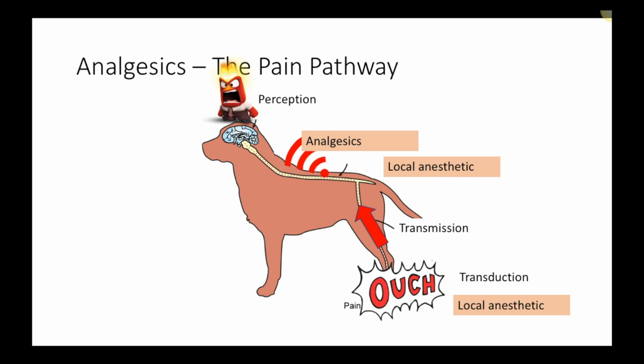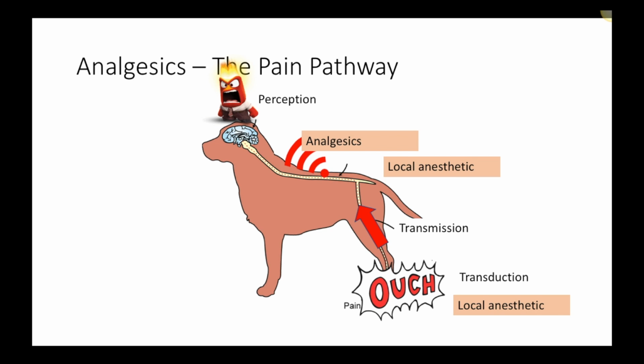So the pain pathway is so important to us because specialists have identified that blocking pain at multiple points is much more effective than trying to treat the pain after the fact. It's also much more effective than just using analgesic drugs or just using local anesthesia. For prevention, during the transduction phase, local anesthetic can be applied to the area prior to inducing pain.